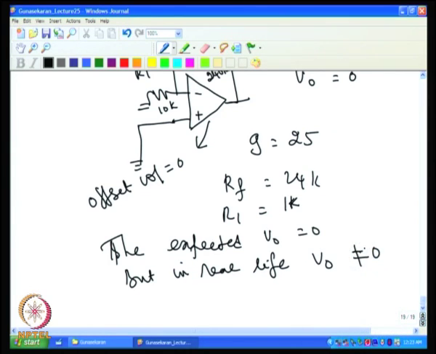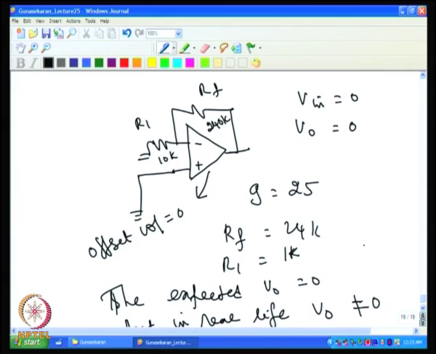This is because of the bias current that the op amp needs. The bias current flows from the output through the resistance and then into the ground. That means the bias current is flowing through this 240 k resistance.